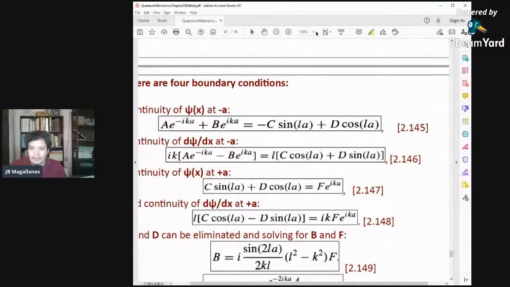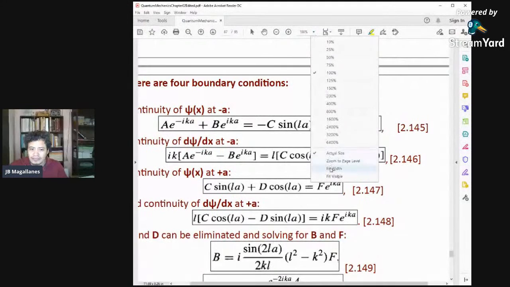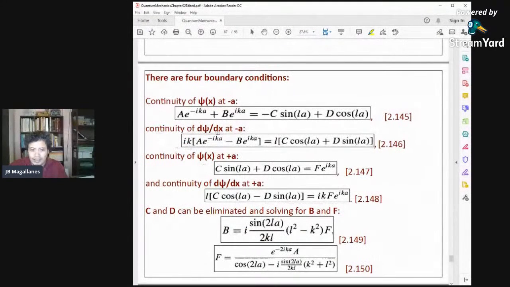And then the derivative of phi with respect to x at negative a would also have to be continuous, so that you will have this as equal to the derivative of this with respect to x evaluated at a. So these are now equal.